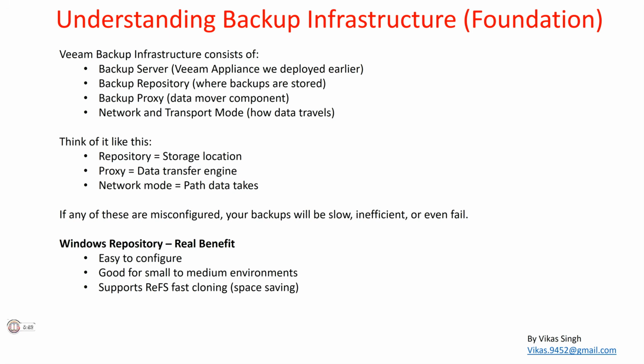The repository is your storage location where all your backup files are going to be stored. The proxy is the data mover that transfers the backup data, and the network transport mode defines how the data travels from the source to destination. If any of these components are not configured properly, your backup can become slow, inefficient, and maybe even fail completely.